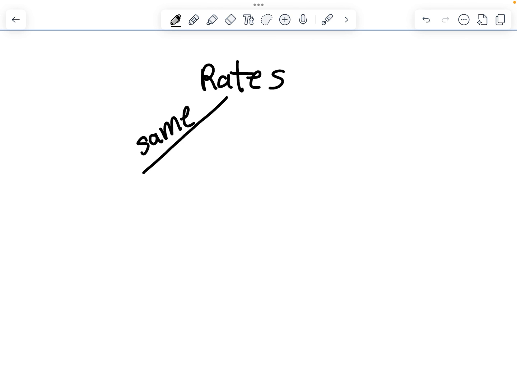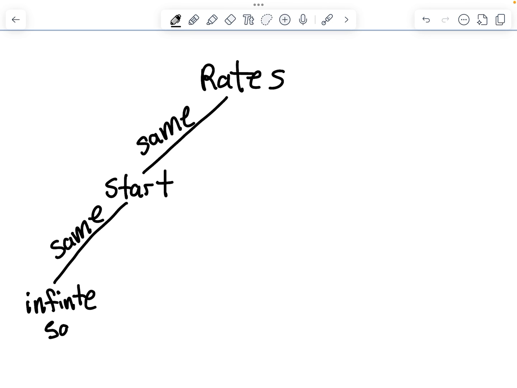If they're the same, we then need to look at the start value. So from there, if the start value is also the same, there is infinite solutions. If the start values are different though, there are no solutions.